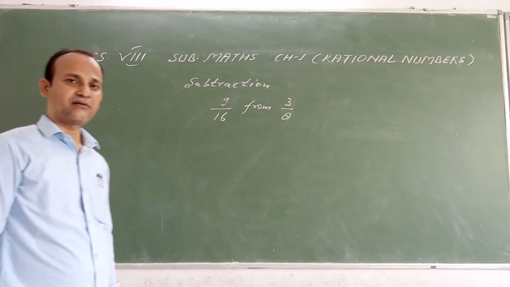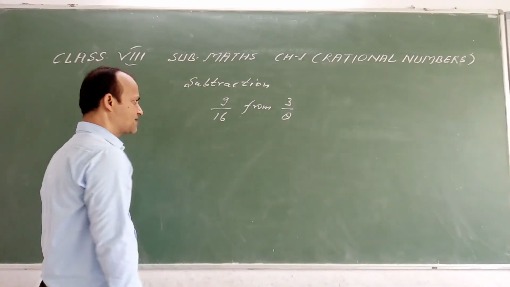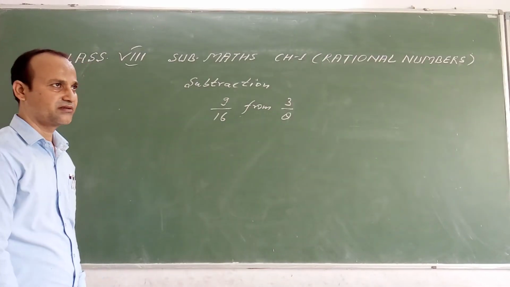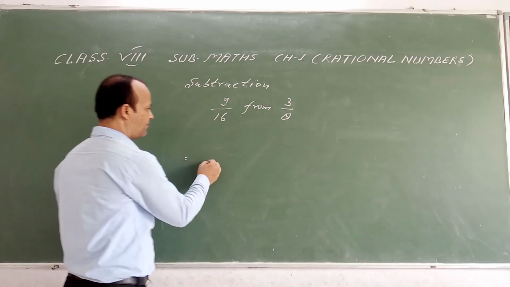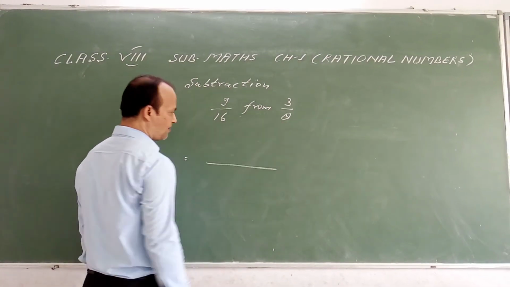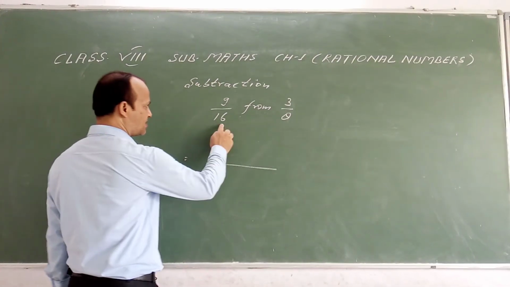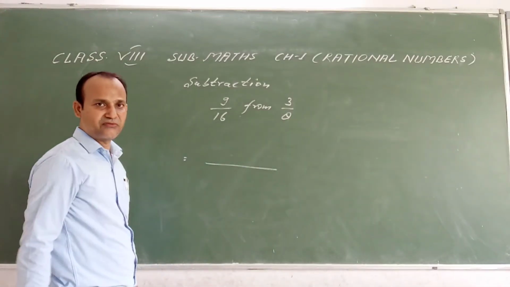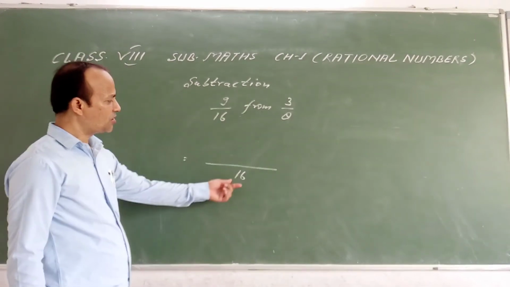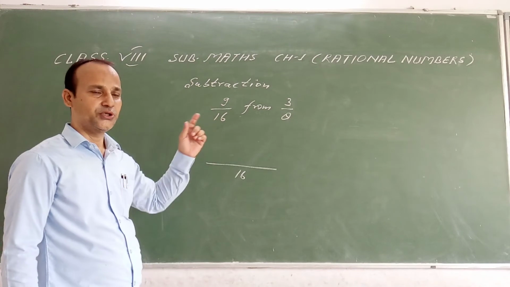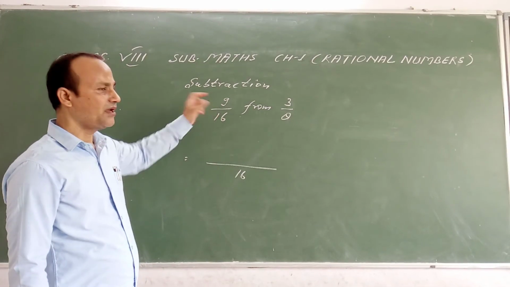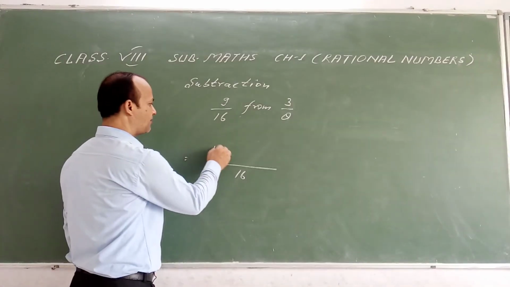How can you subtract the rational numbers? First, take the LCM of 16 and 8. We have a line. First we put the LCM of both the denominators. 16 and 8, the LCM will be 16. Then divide the denominator by denominator. You have 1. And 1 will be multiplied by 9.